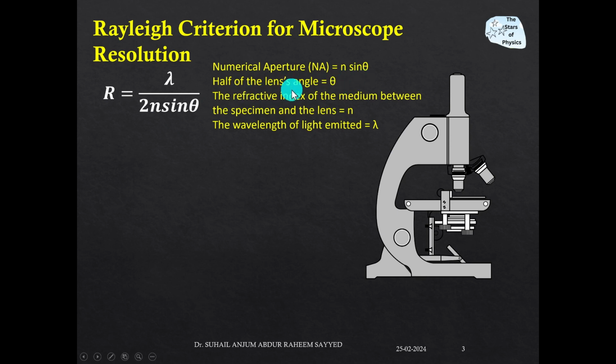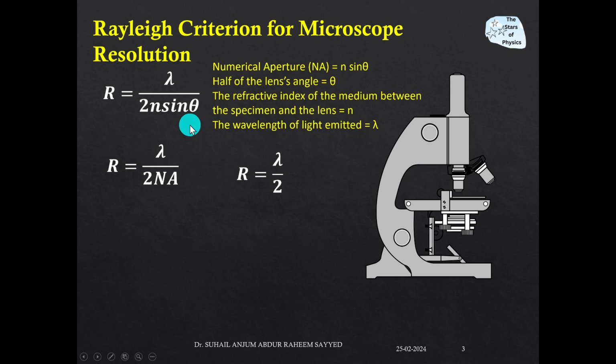Half of the lens angle is called theta. The refractive index of the medium between the specimen and the lens is small n, and the wavelength of the light emitted is lambda. In most optical microscopes, this product n sin theta is called the numerical aperture.